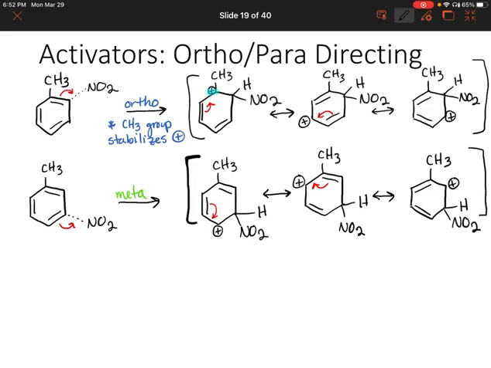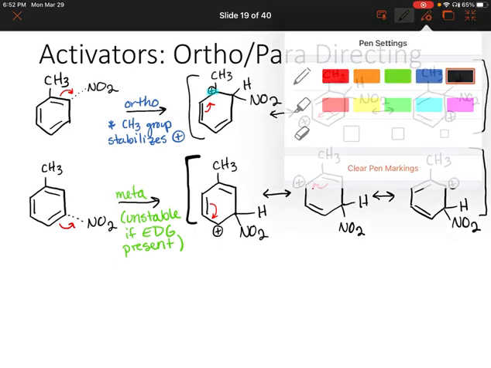And this is partly why we form very small amounts of the meta product when we have an electron donating group. So again, if you have an electron donating group present on the ring, the meta product when you add NO2 is actually unstable compared to ortho and para.